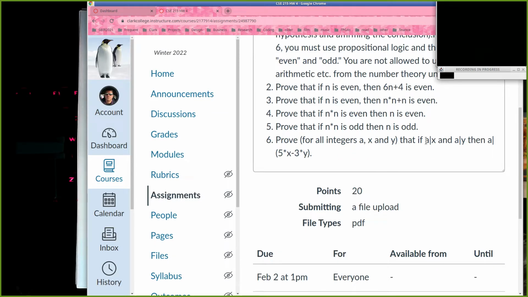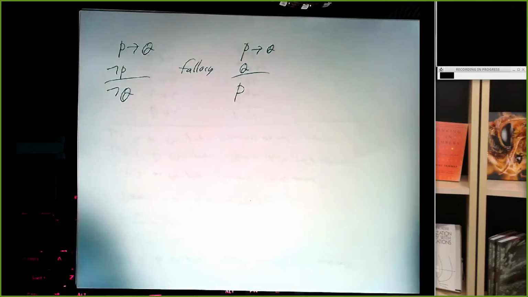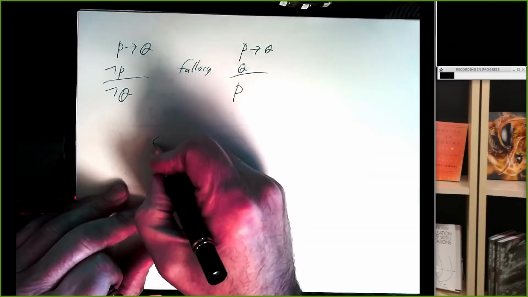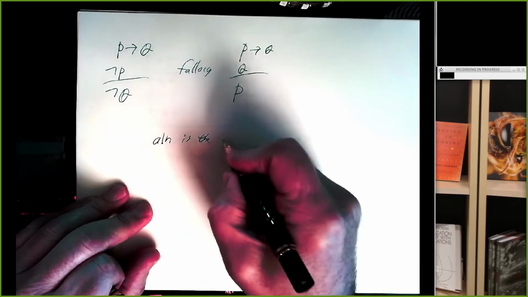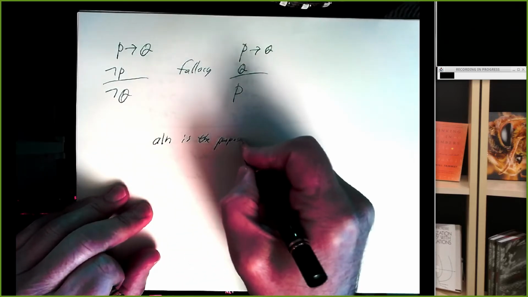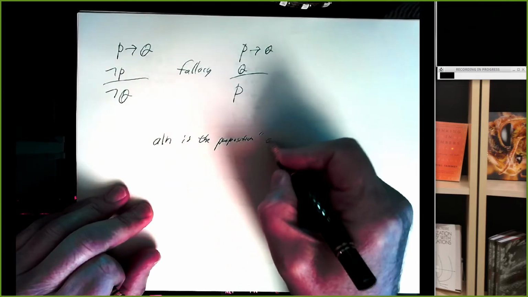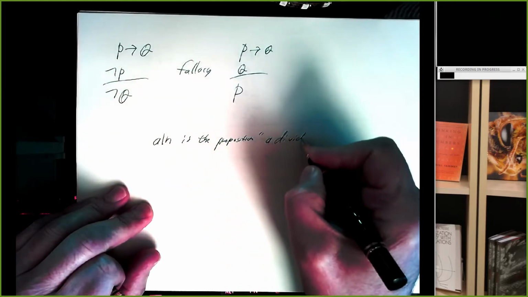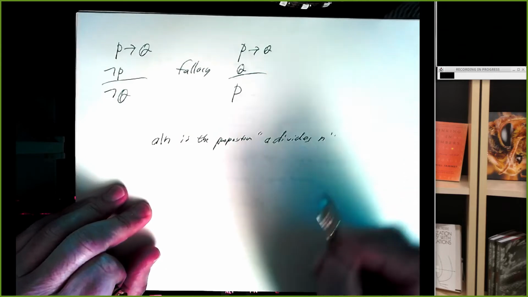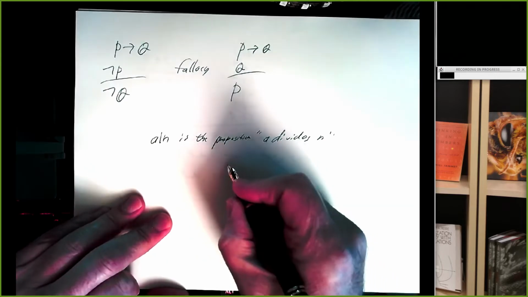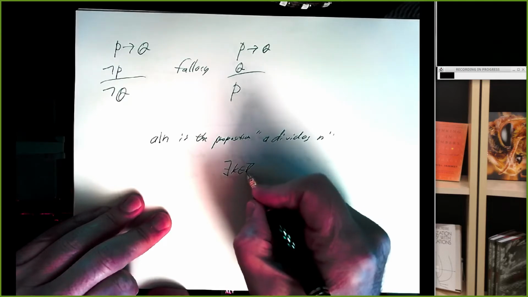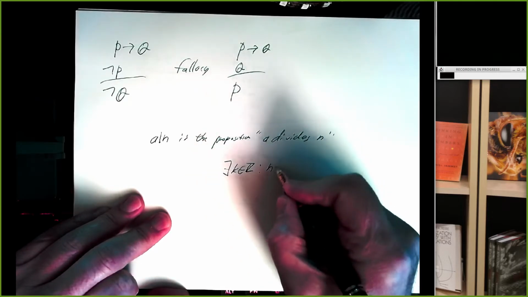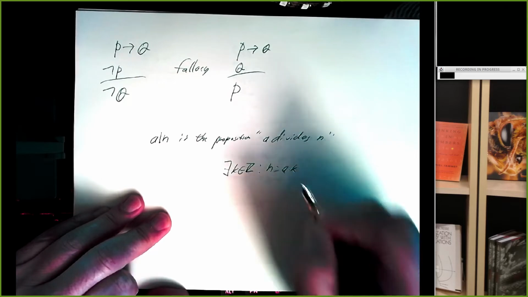And remember, this is a proposition. In particular, this is the proposition: a divides n, which is also the proposition there exists some integer k such that n equals a times k.